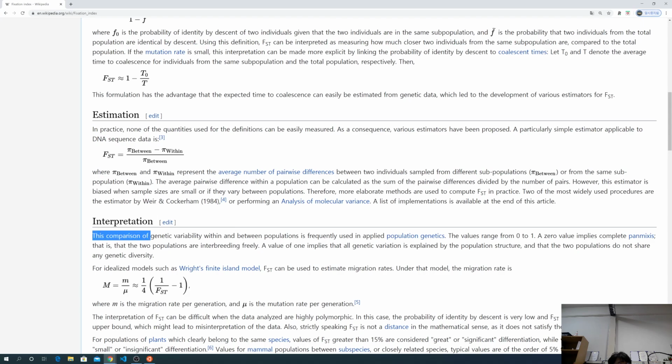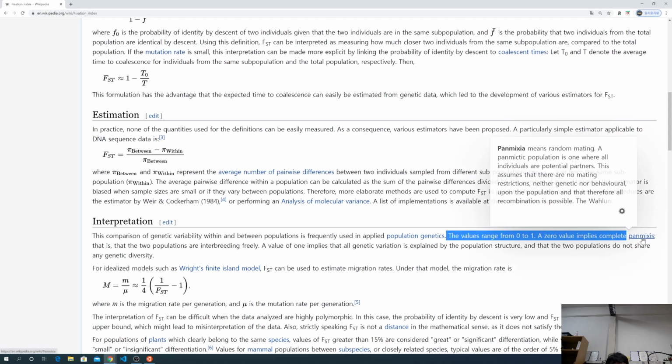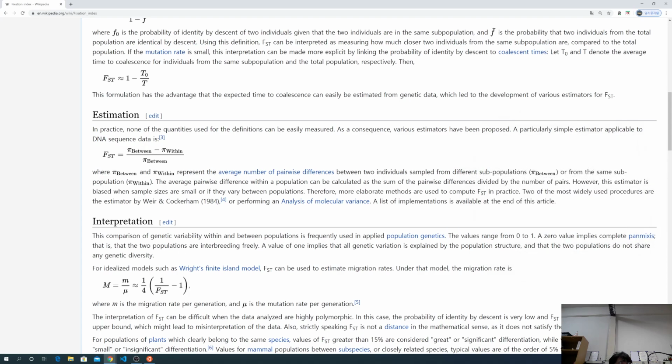A common comparison of genetic variability between populations, frequently used in applied population genetics. The value is 0 to 1. A 0 value implies complete random mating, that two populations are interbreeding freely.